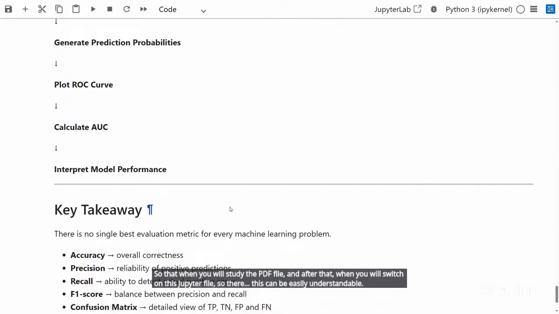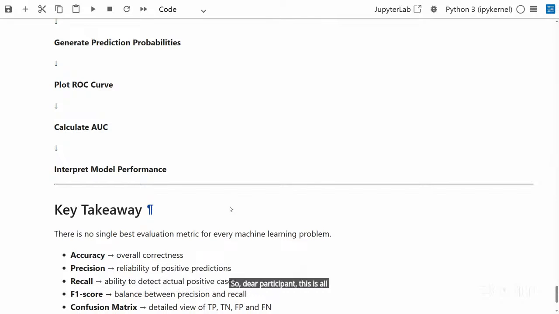Dear participants, this is all about today's session, and if there is any question, please unmute your mic. I think you are required to spend time and go through the detail.